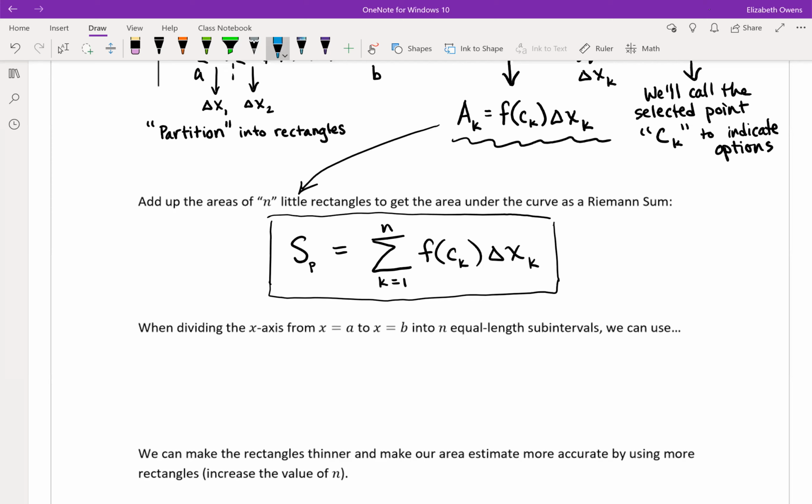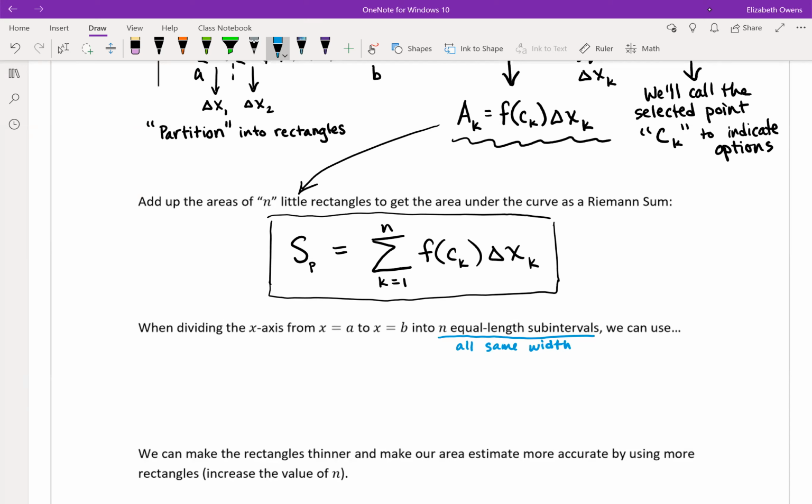The key words here are n equal length subintervals. That means n rectangles, and they're all the same size as far as their width goes. So I'll make a little note of that: all the same width for the rectangle.